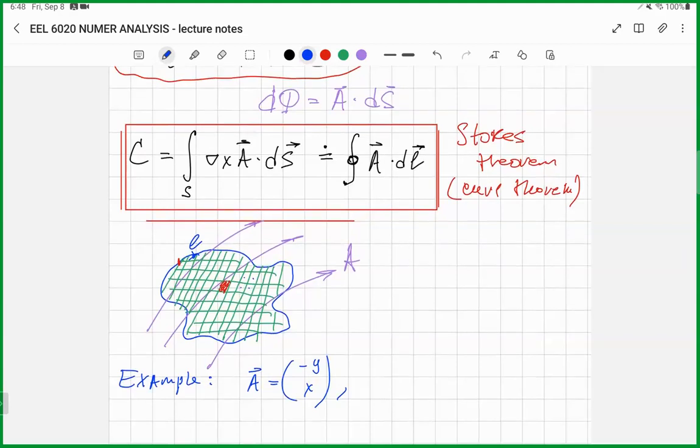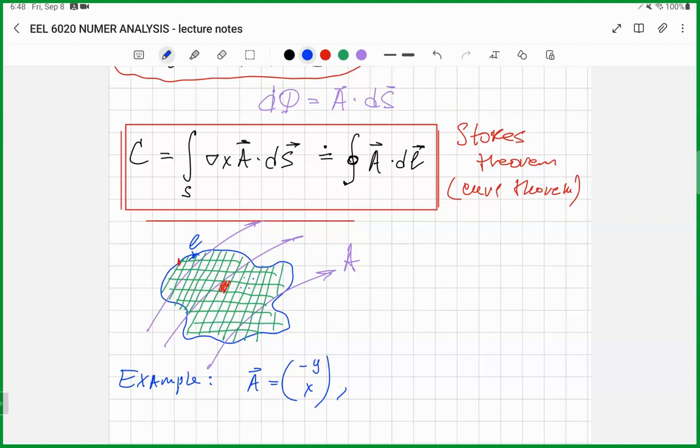When you run a simulation, the program really discretizes the space, the surface, the area, then calculates the field, then calculates the curl in each pixel, and then sums up all contributions through each pixel.